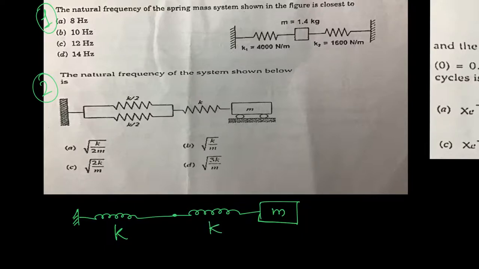For that again we need to appreciate the arrangement of these springs. These are connected in series, so we have K and K connected in series, or in other words K and K by 1 connected in series, which implies the net stiffness will be K by 2.